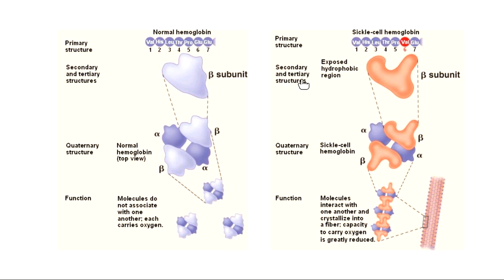Now my secondary structures and my tertiary structures, which come together to form my 3D shape, are wrong because I have the wrong personality type in my amino acid chain. So what happens in sickle cell anemia is we end up putting in a hydrophobic amino acid.